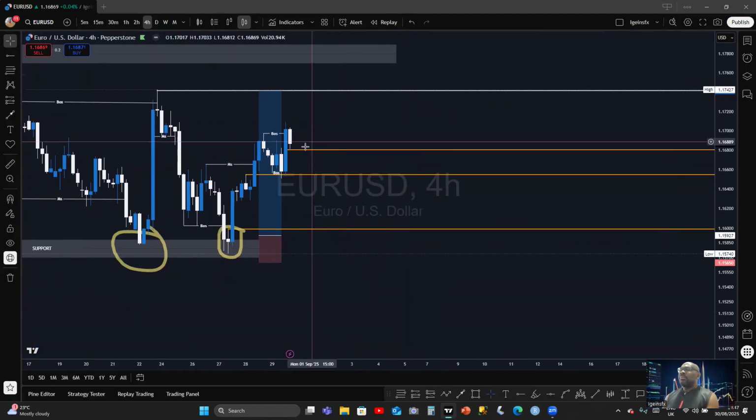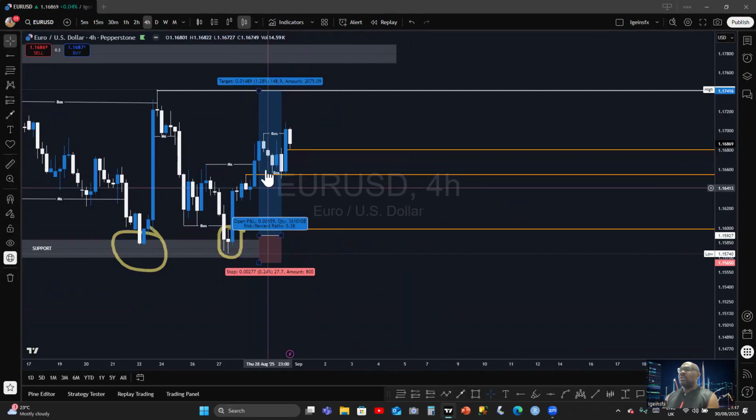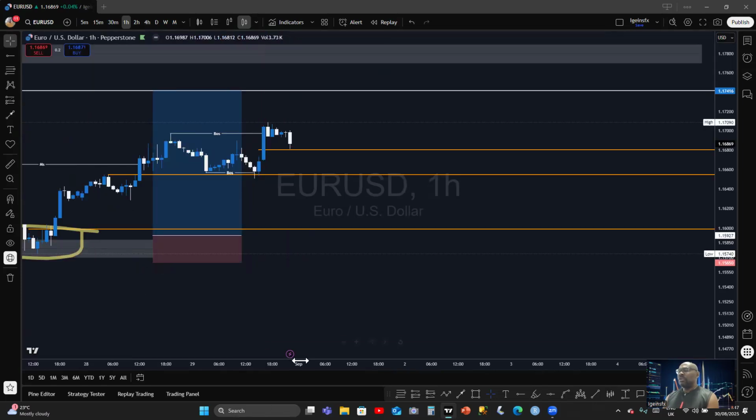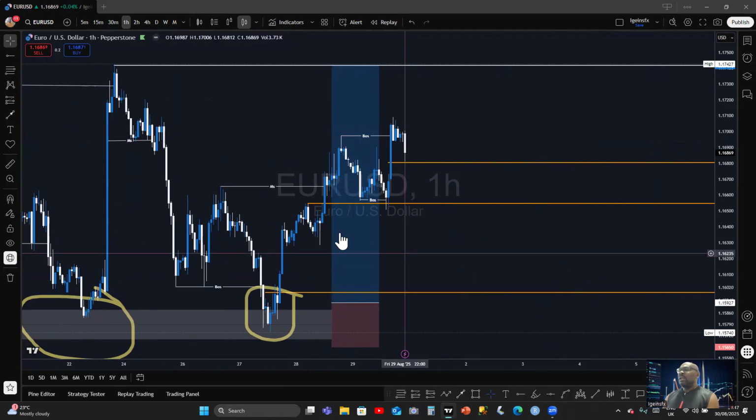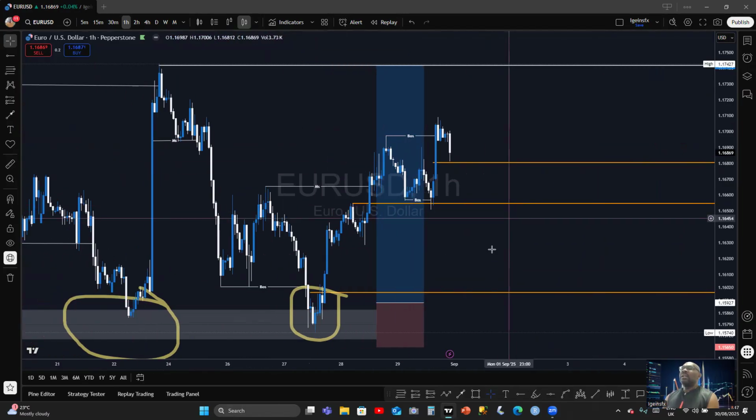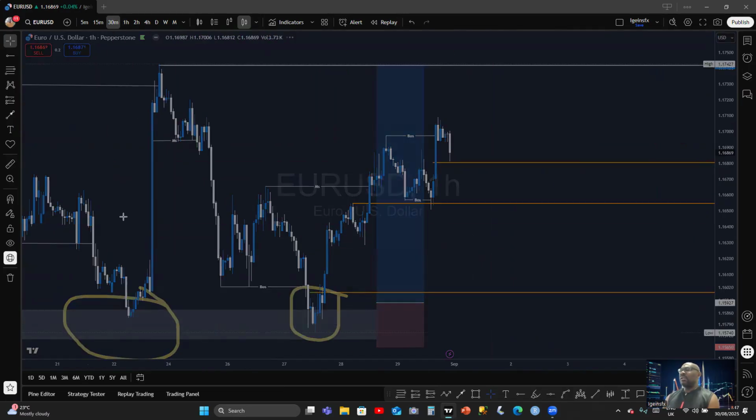Let me give you an example. Let's say price is here now. I've marked all this, marked 1, 2, 3. Watch it, guys. Let's scale to 1 hour. You see, this is 1 hour. This is support. This is support. This is support. Let's now scale to 30 minutes.